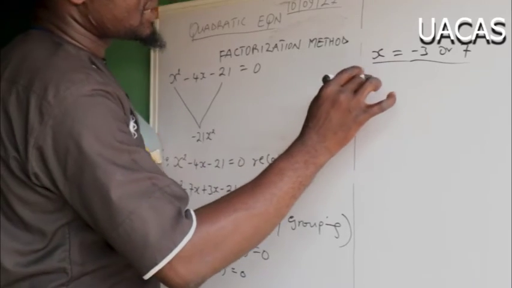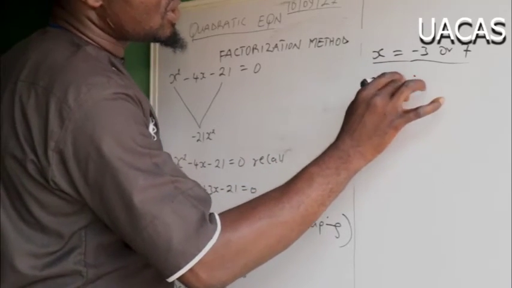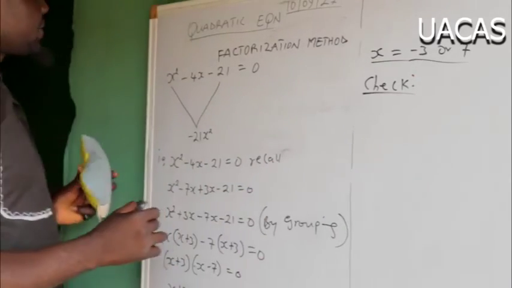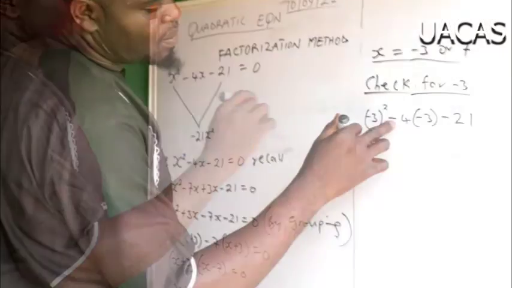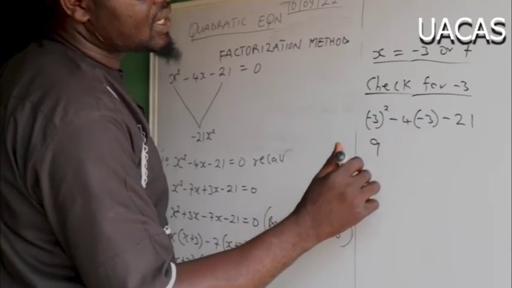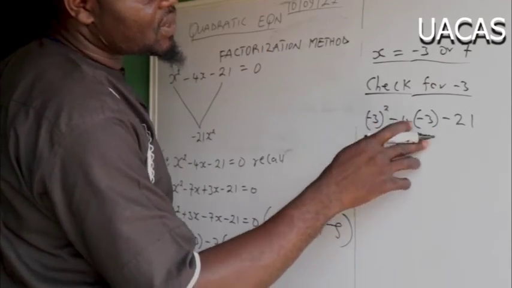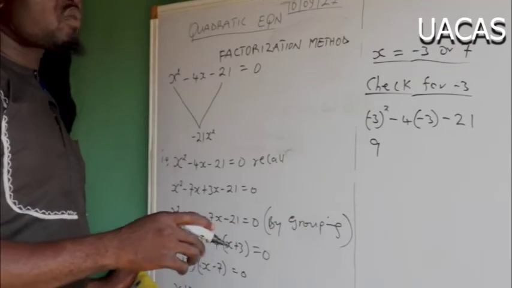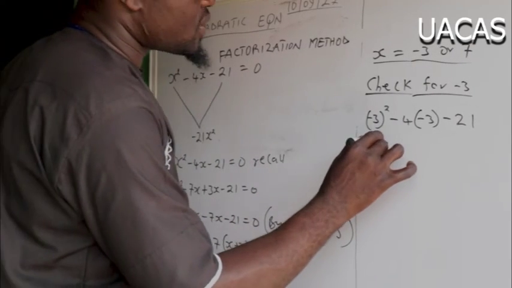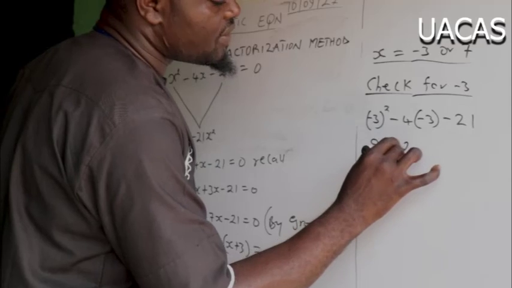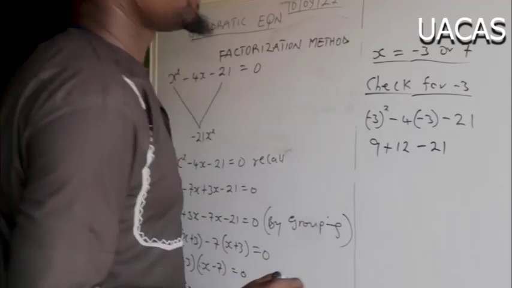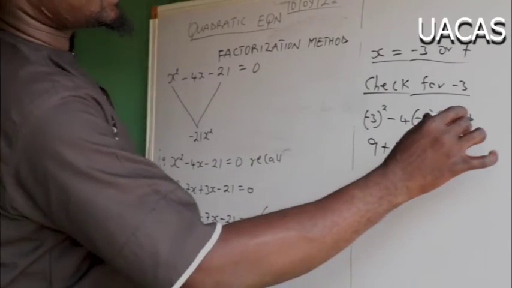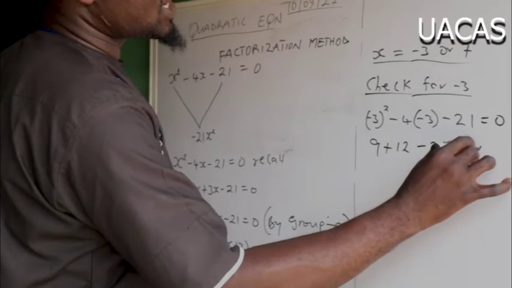So check. It's always good to check your answer. What? Minus 4 times minus 3. I have 4 times 3 is what? 4 times 3 is 12. I have plus 12 minus 21. This is the left hand side. The right hand side is already equal to 0.